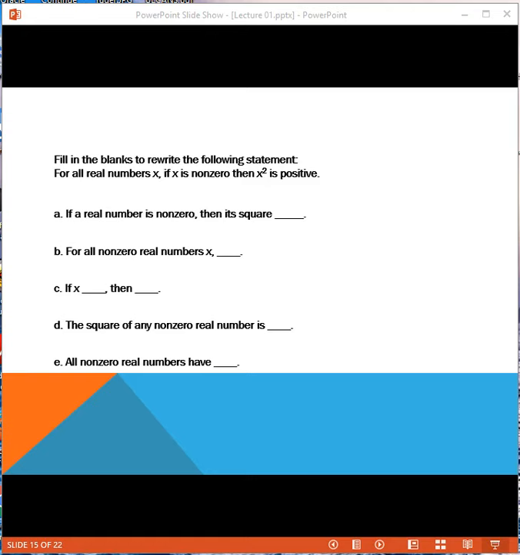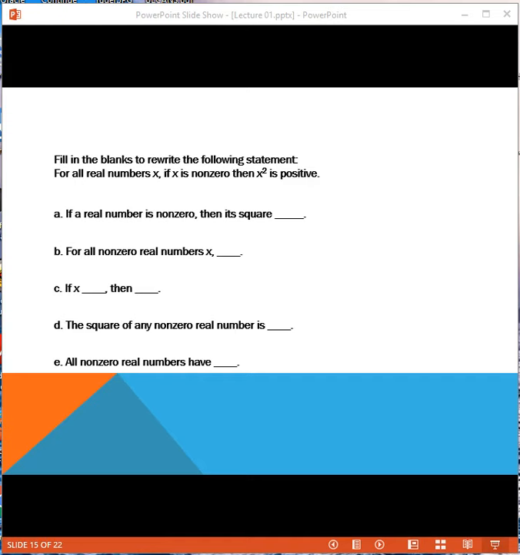For A, we can make this purely conditional by saying, if a real number is non-zero, then its square is positive. For B, we can make it universal by saying, for all non-zero real numbers x, x squared is positive.